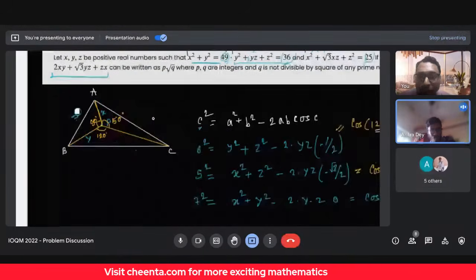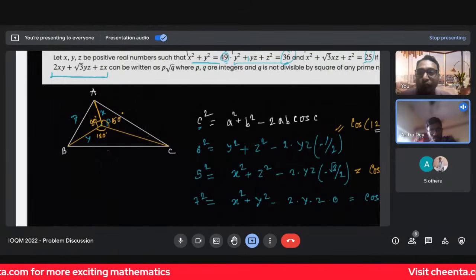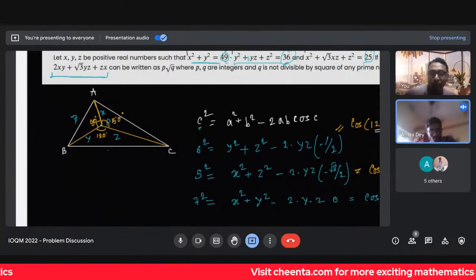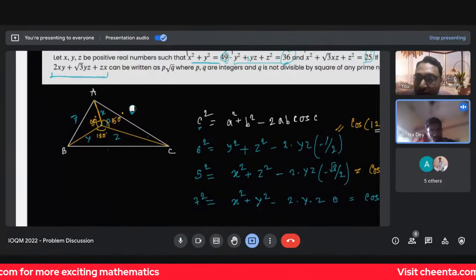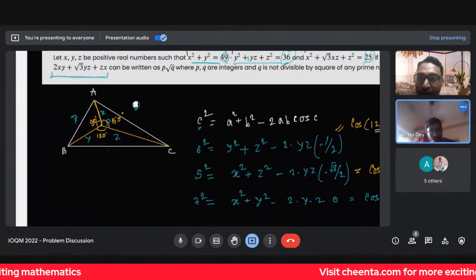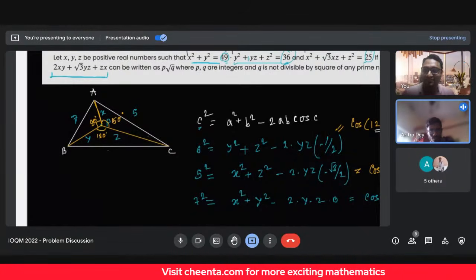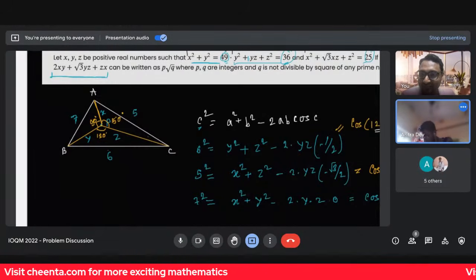Okay, 7, and X, and this is Z. So again you observe that X square plus Z square minus 2YZ... actually it is 6, I think. And if you see, this is actually 6.